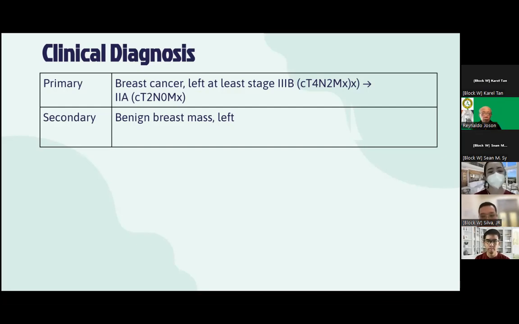Okay. But if you think there's a small chance it could be benign, no? Try your best to specify what could be a benign breast condition. Fibroadenoma, sir. Fibroadenoma. Okay. Walang skin changes ito, no? Walang skin changes.